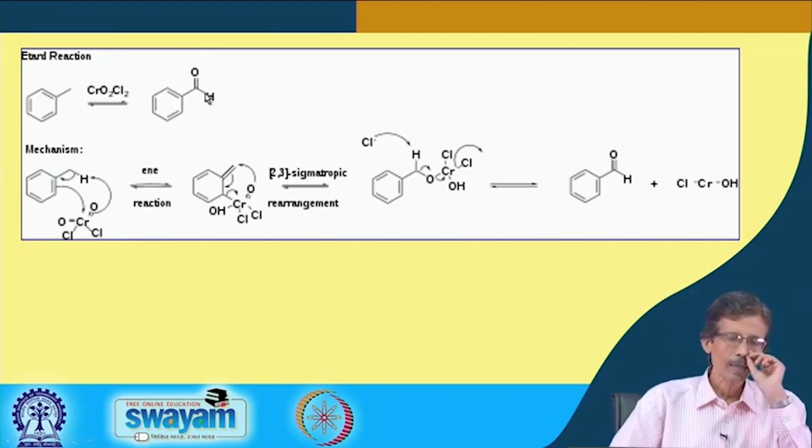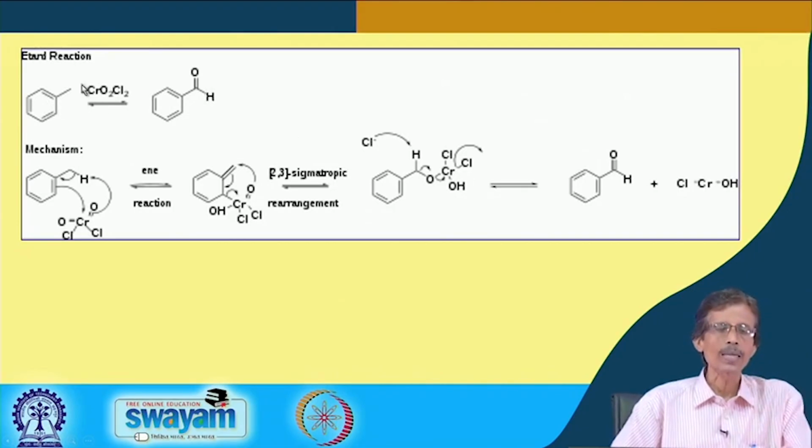So, how can we convert the bulk amount of this hydrocarbon to benzaldehyde? The easiest or simplest process is through the use of chromyl chloride.